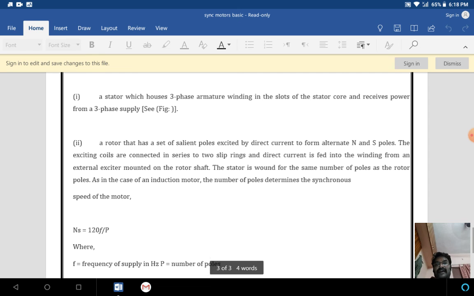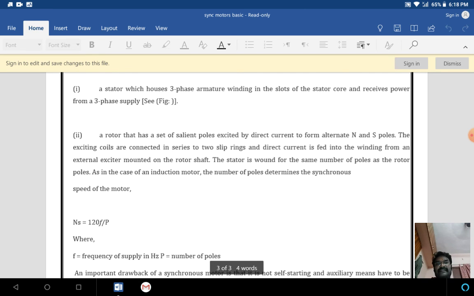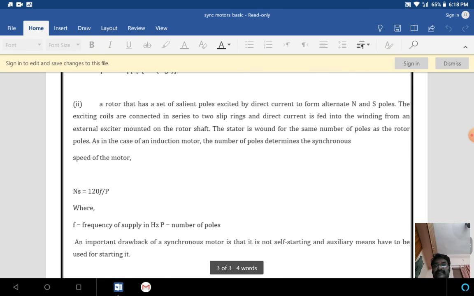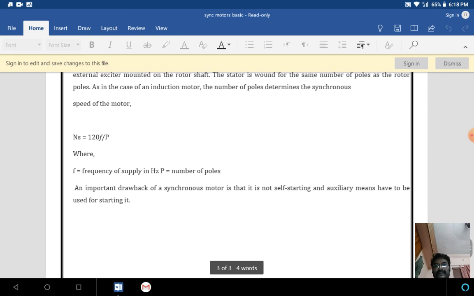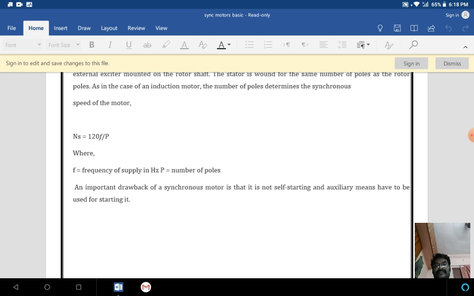The rotor is a set of salient poles excited by direct current to form alternate N and S poles. The exciting coils are connected in series. Ns = 120f/P, where f is the frequency of the supply in hertz and P is the number of poles.